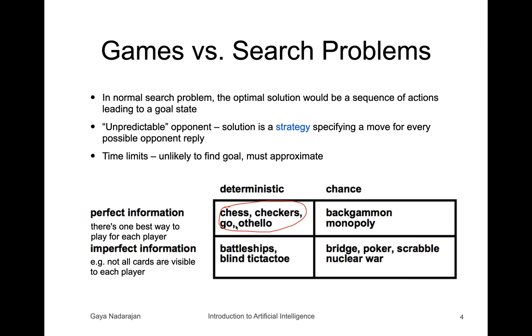And then you have games with imperfect information. So these include things like playing a game where not all the cards are available to you, like playing poker or bridge, right? So you don't know what the other person has, and maybe you have to make a decision without being able to see something, or there's some kind of secret information hidden from you.